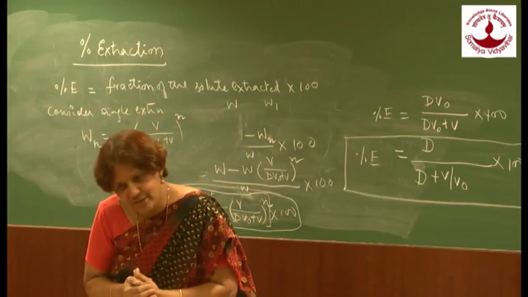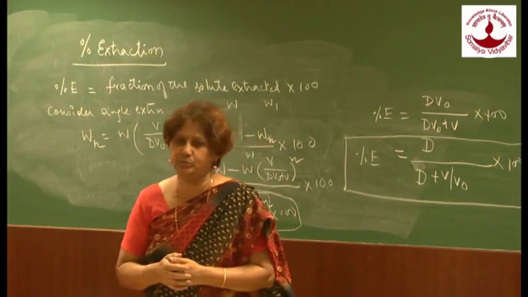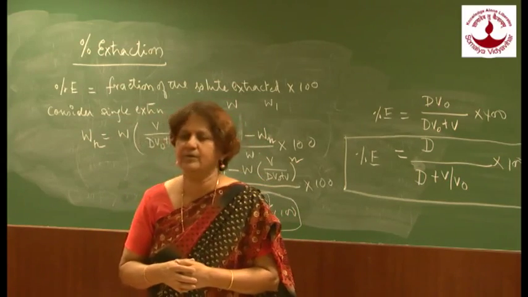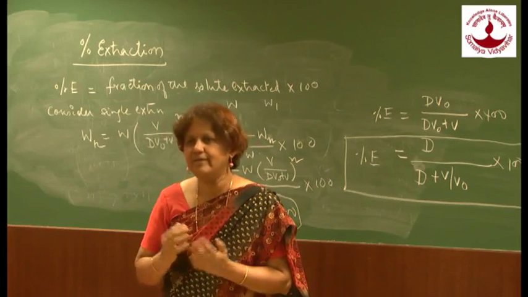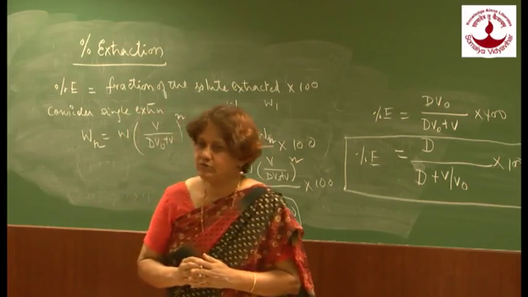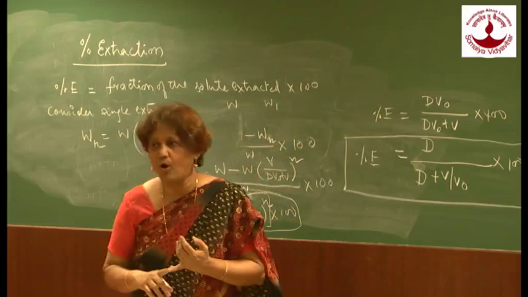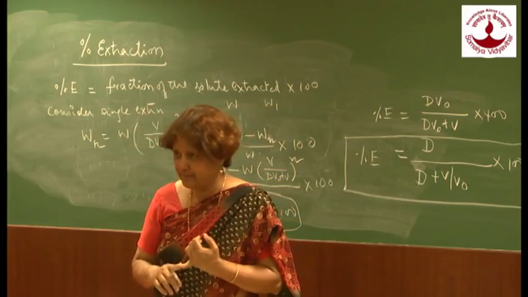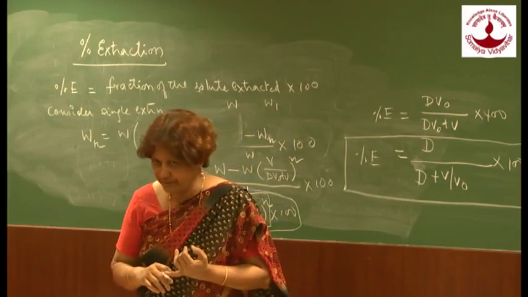So what we have learned today, that solvent extraction is one of the very important tools in analytical chemistry for separating the solute from the solution when it is present along with some other elements. We also learned that distribution ratio of the solute towards the chosen solvent and the temperature is very, very important.